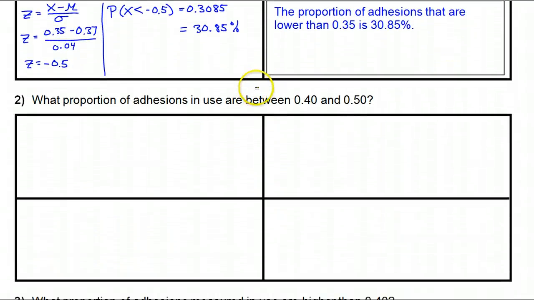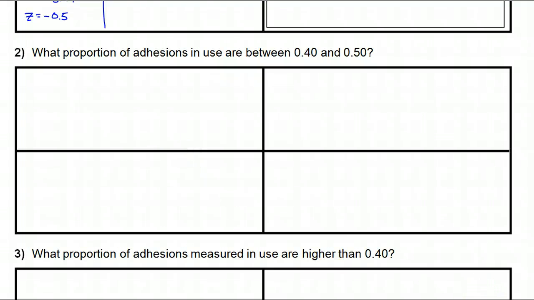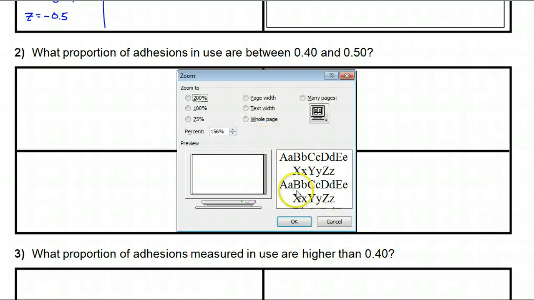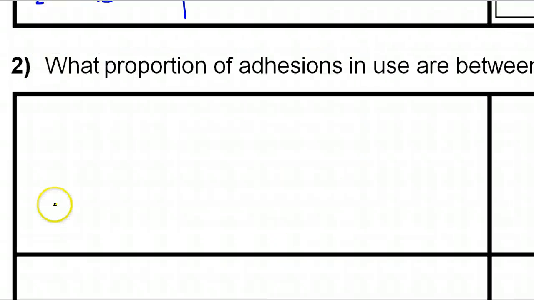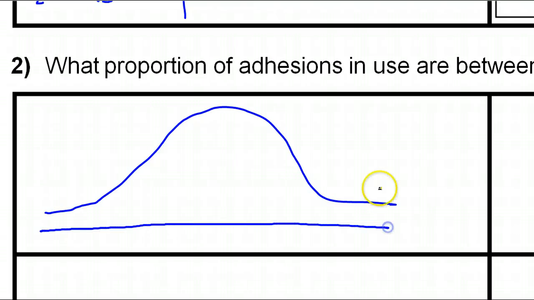What proportion of adhesions are between 0.4 and 0.5? Okay, here we go again. Start by making your normal curve. Okay, you must label it, mandatory.